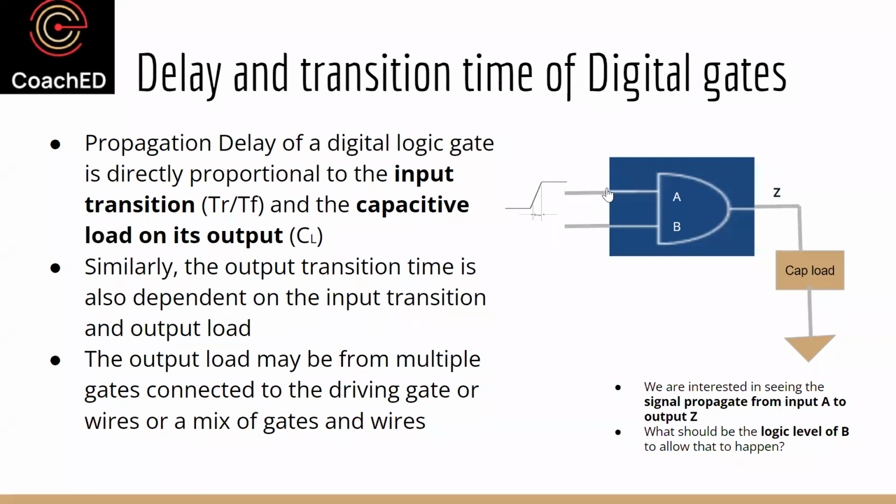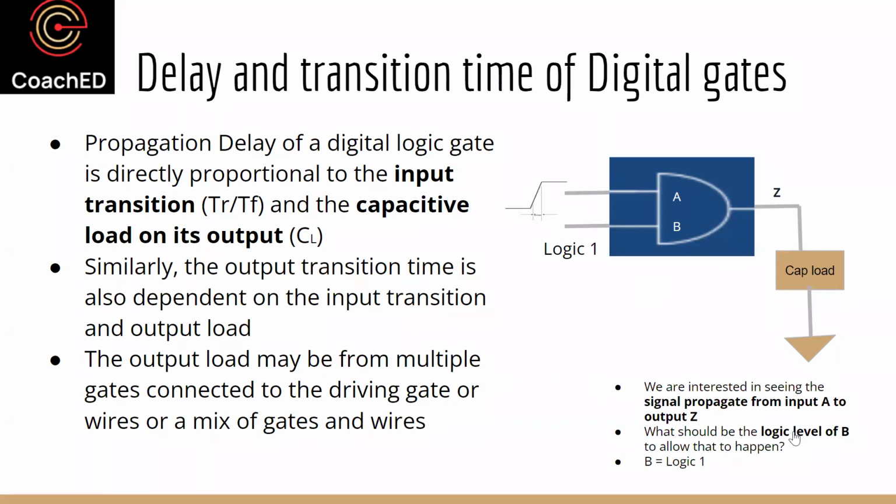As we discussed earlier, multi-stage gates means you would have a series of gates cascading one after the other. And so if it's a multi-stage gate, then the transition is only dependent on the final stage, whereas the delay is dependent on all the stages sitting there, right? So therefore, the function or the relationship of the delay and the transition may be different with respect to load and input transition, but both of them are directly proportional.